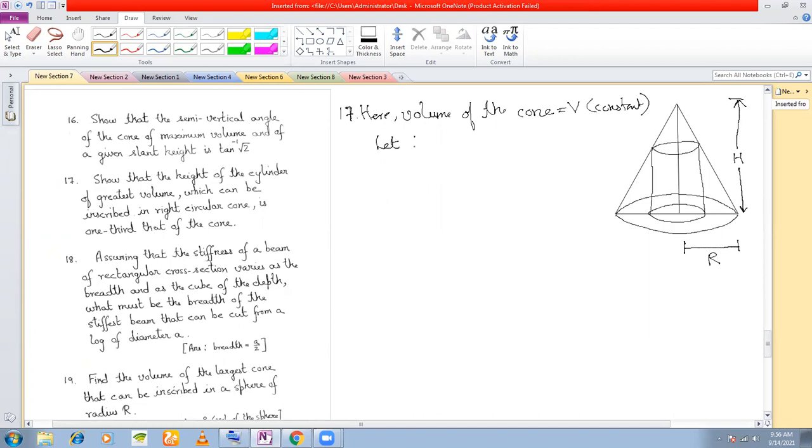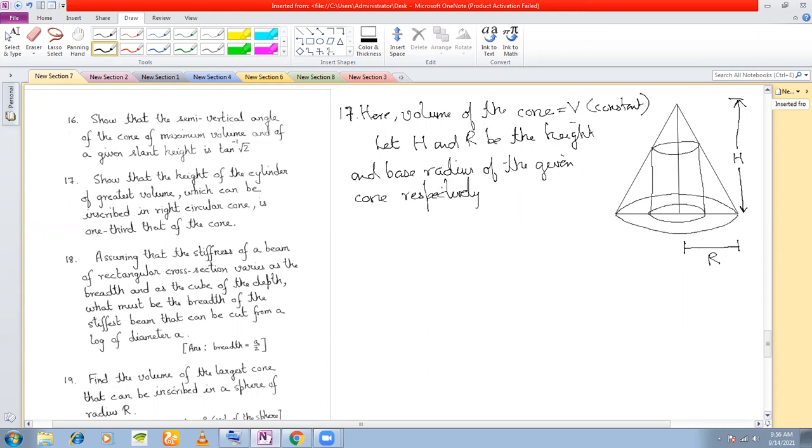Let H and R be the height and base radius of the given cone, respectively, right?